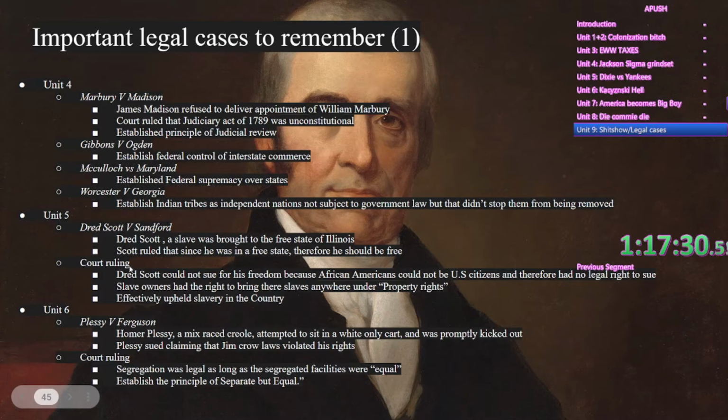Unit 5, you had the Dred Scott versus Sandford case. Dred Scott was basically a slave who was brought to a free state. Scott sued and argued that since he was in a free state, he should be free. The court ruled that because Dred Scott was black, he could not sue for his freedom, because African Americans could not be citizens and therefore had no legal right to sue.